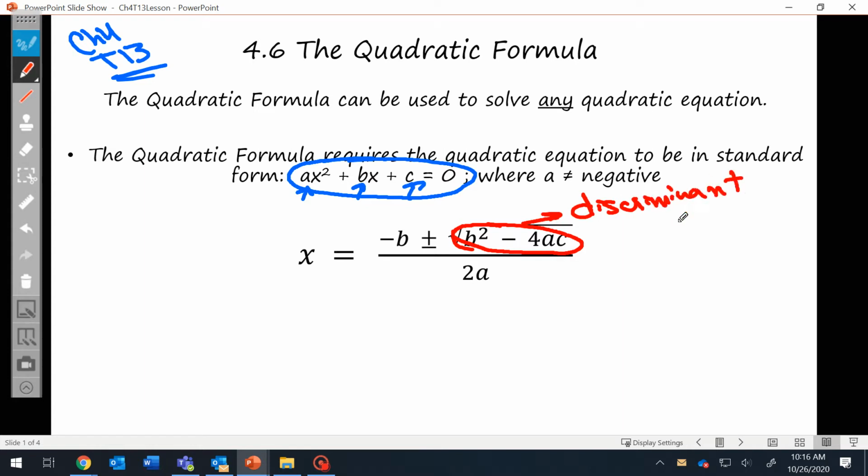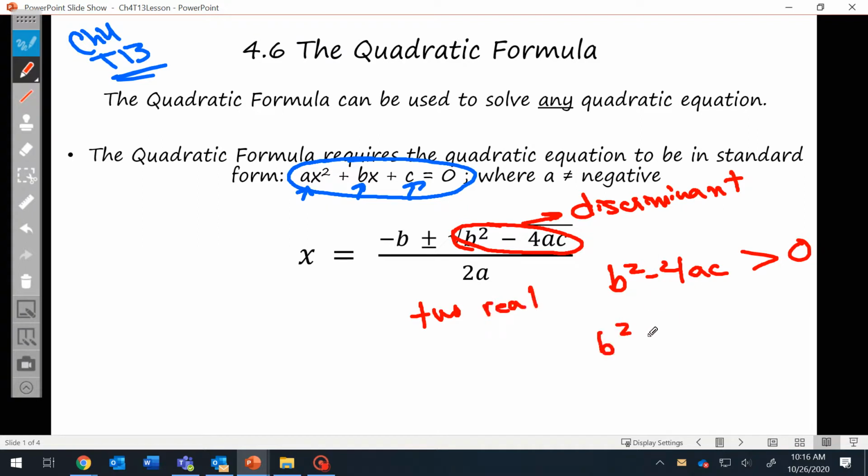Because remember, quadratics can have no real solutions. It can have two real solutions, or it could have one real solution. And sometimes the solutions can be complex, in which case it would have no real solutions. So that is the discriminant. If the discriminant b squared minus 4ac is larger than 0, then it will have two real solutions.